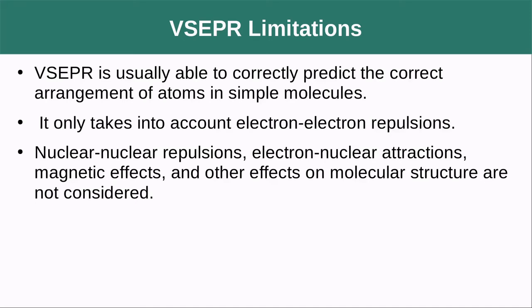VSEPR is usually able to predict the correct arrangements of the molecules, and it does this only by taking into account the electron-electron repulsions. So the way that the nuclei repel each other, the way that the electrons attract to the nuclei, these are not considered in the VSEPR theory.